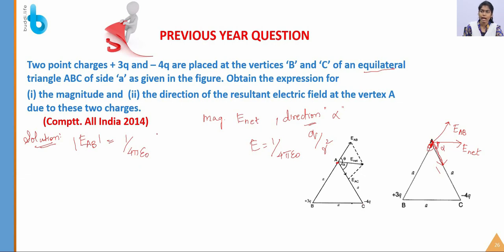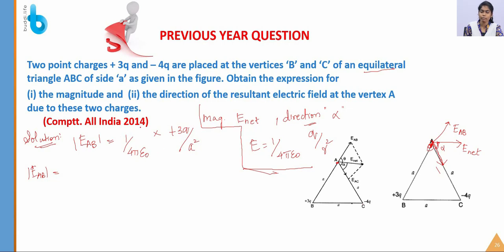the value of K, and here it is the value of Q. What is the Q value here? Plus 3Q divided by R square. So instead of R I am having A square. Modulus of EAB is equal to, I am considering this value 1 by 4 pi epsilon naught Q by A square.